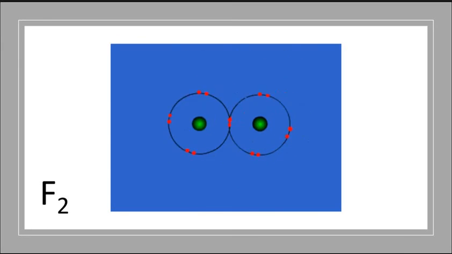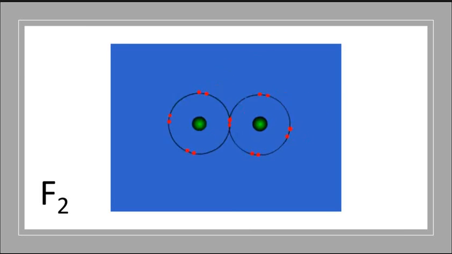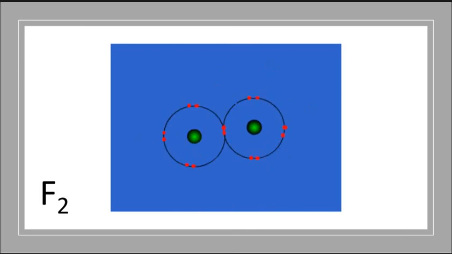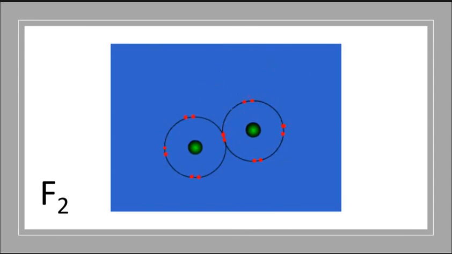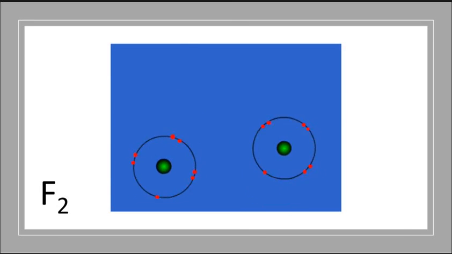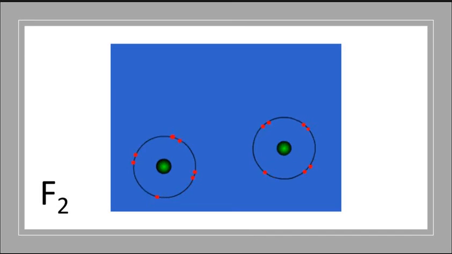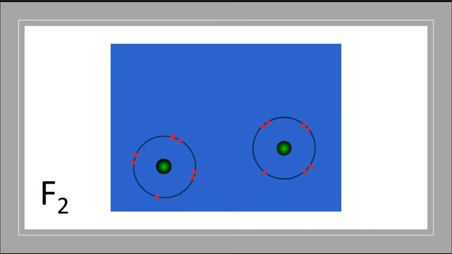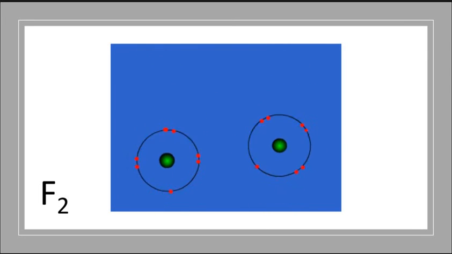So they become very stable once they have shared those electrons. And this would be the scenario where they have equal electronegativity. Remember, that's the attraction for the electrons. So neither can pull the electron away from the other. They are both strong, they are both pulling, they keep those electrons.